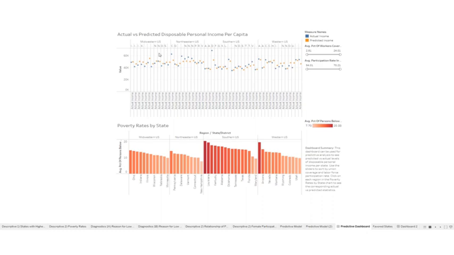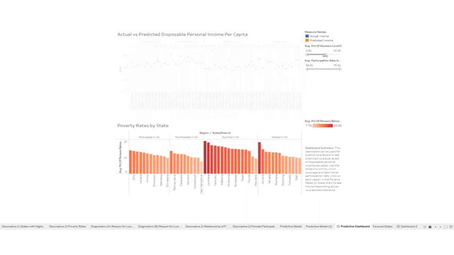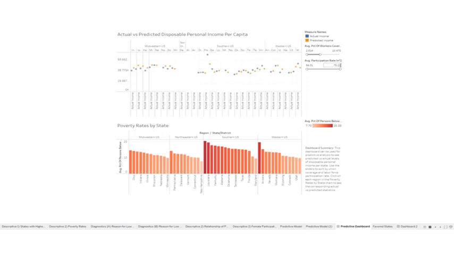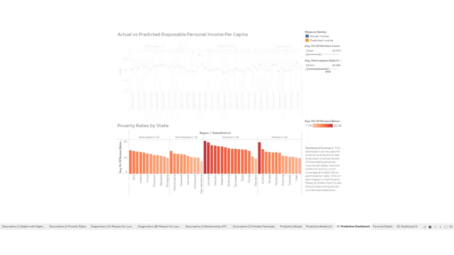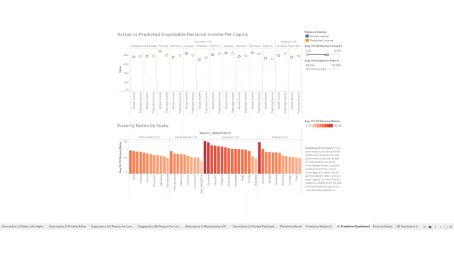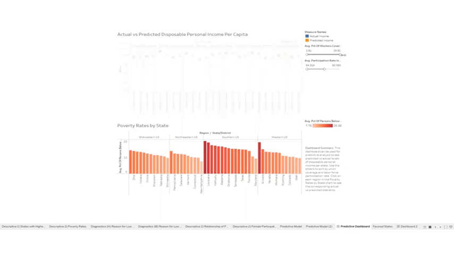So we see the states are split up by Midwestern, Northeastern, Southern, and Western US, and you can sort by states that have certain levels of worker coverage, union coverage, participation rate, etc. These blue columns are the actual income. The orange dots, rather, are the predicted income for each state. So this is a predictive model built off of that regression analysis.